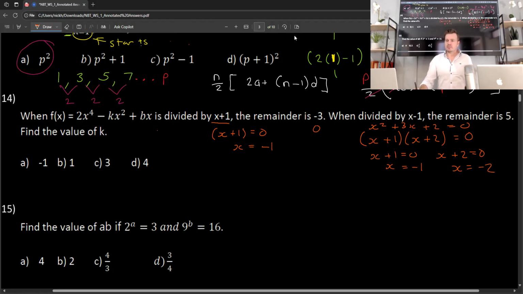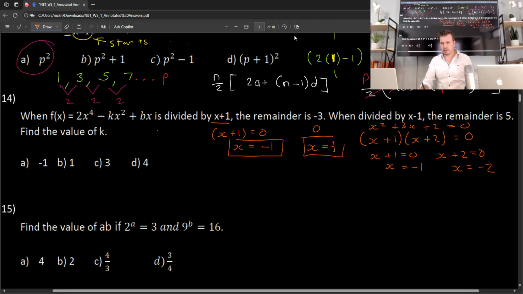Okay, why did I tell you that? Because even if you don't understand all of that, you do need to know that when you see divide by x plus 1, you must think of it as being x equals negative 1, okay? And when you see it as being divided by x minus 1, you must think of it as being x equals plus 1, okay? So change the sign of those things.